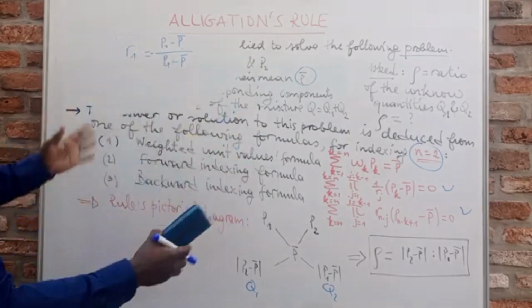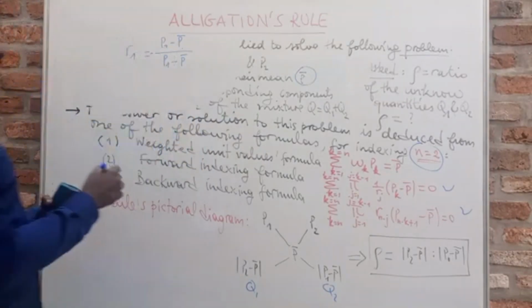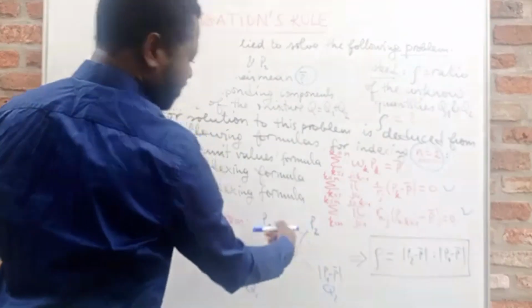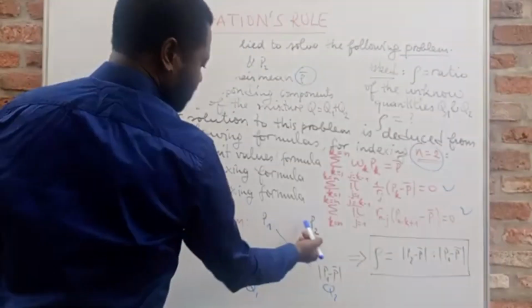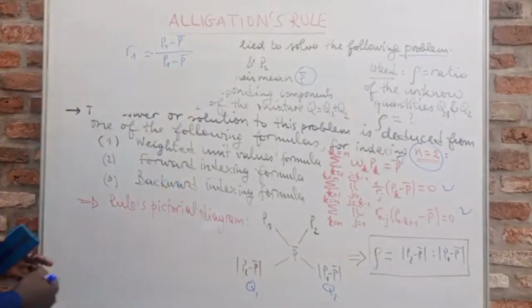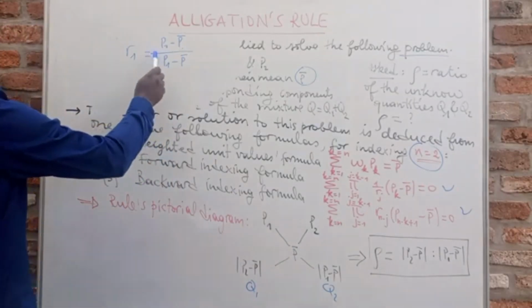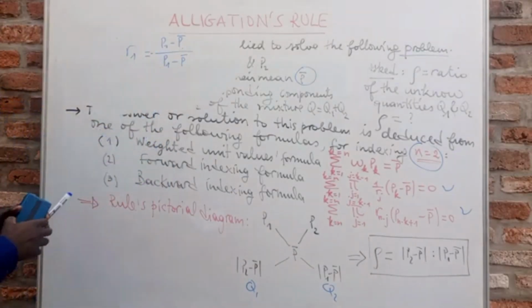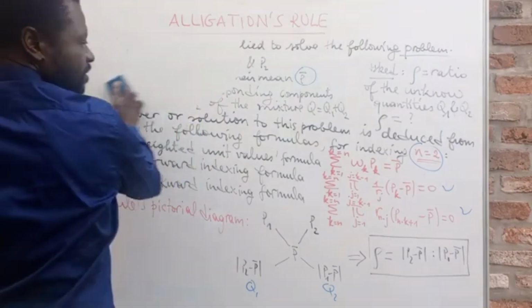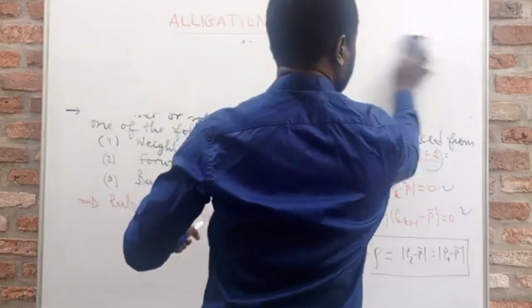It must be between the first unit value and the second unit value. The quantities P1 and P2 can be taken in any order, increasing or decreasing. To avoid the negative weight, we must add the opposite, negative sign. So this is what we are going to prove by this rule.